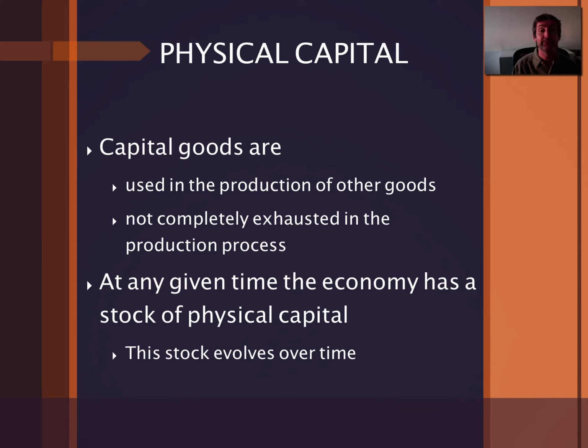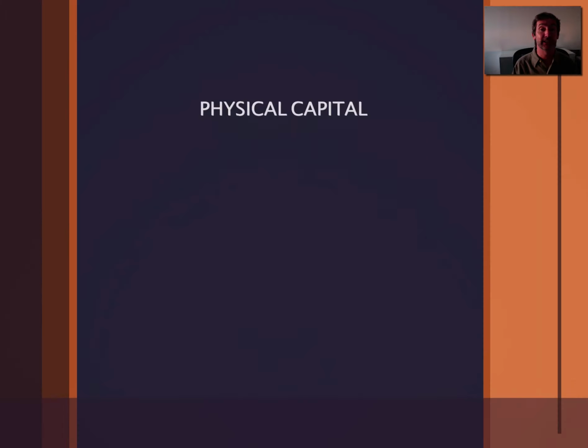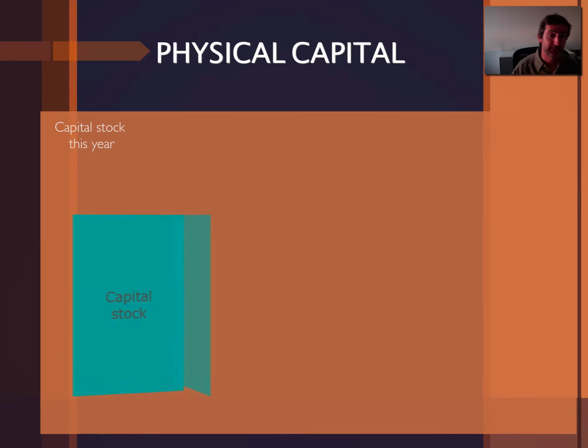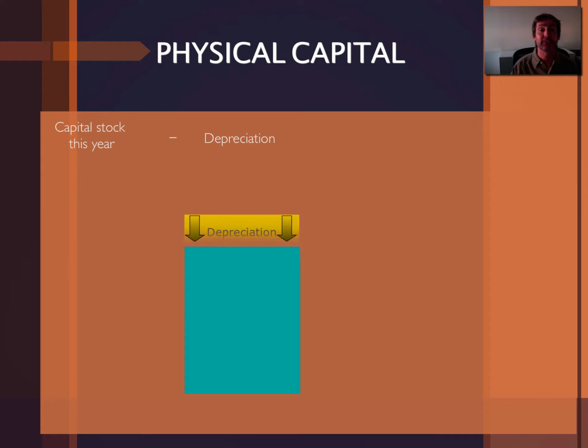At any given time, the economy as a whole has a stock of physical capital. And this stock evolves over time. And the two things that cause the stock of physical capital to change over time are depreciation and new investment. So if we start with an initial capital stock, one of the things that will happen is that some of it will wear out over time.